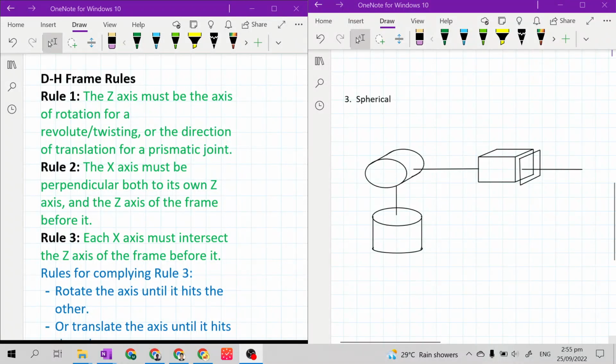Good day, class. Okay, for the continuation of our DH frame rules, we will construct a kinematic diagram for a spherical manipulator.